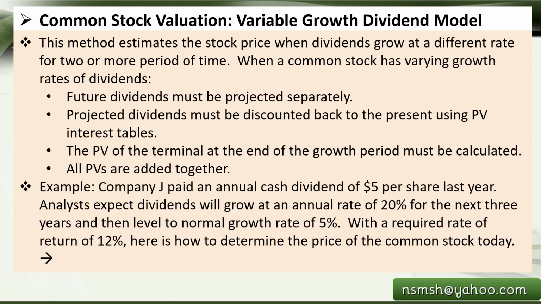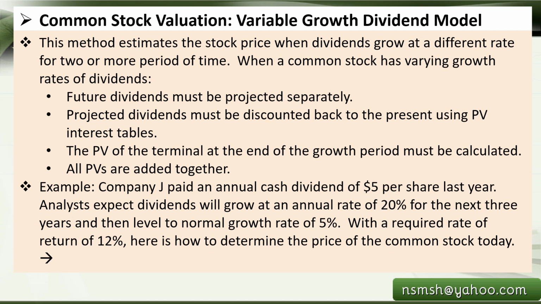Because it is a variable growth rate, each year you have to calculate separately, put it in a table, bring it to the present value for each year, and then sum it up. So that's how the steps are done. Example: company J paid an annual cash dividend of $5 per share last year.